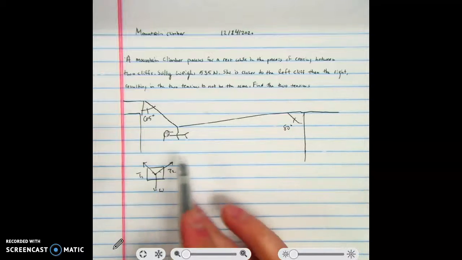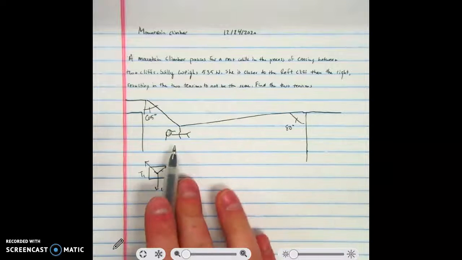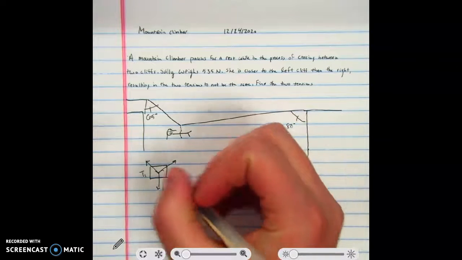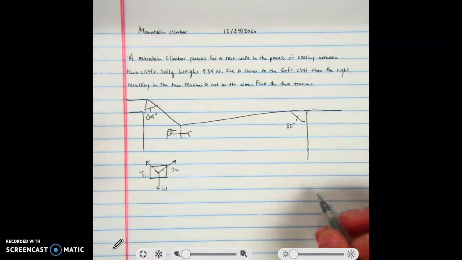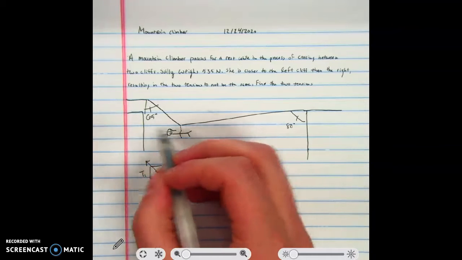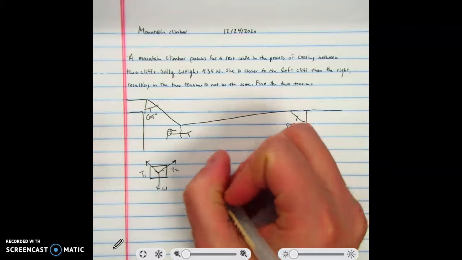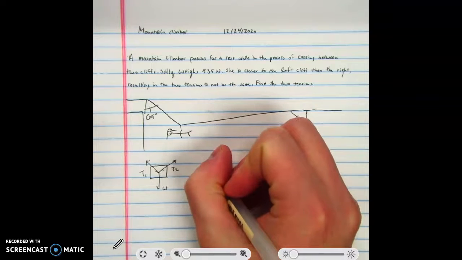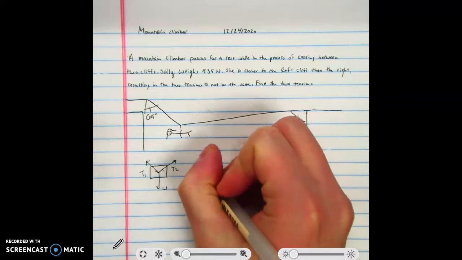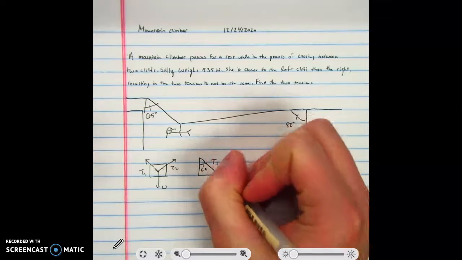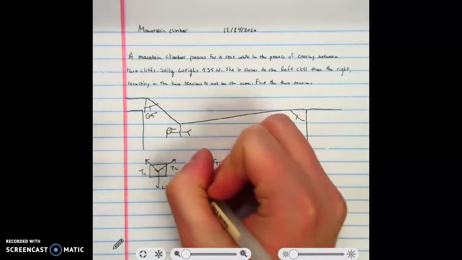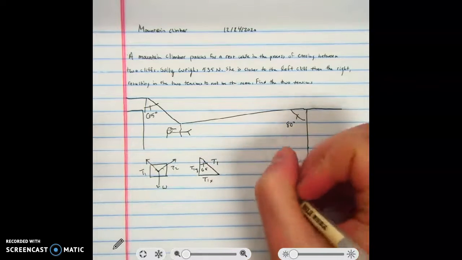Now, due to the fact that these are at an angle, I'm going to redraw these with their right triangles. Notice my angle is at the 65 degrees right there. That makes my triangle something like this. So that's a 65, that's my T1, so that's my T1X, my T1Y.